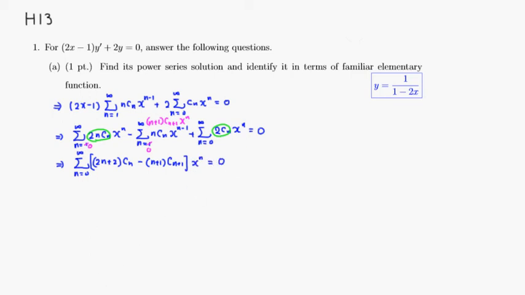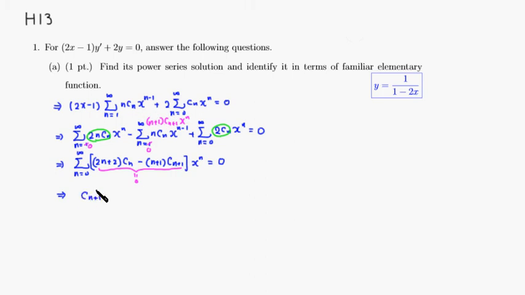Then the right hand side is 0, so we have to make sure that all these coefficients are 0. So we set this equal to 0 and we get this recursive formula. I'm going to solve for Cn plus 1.